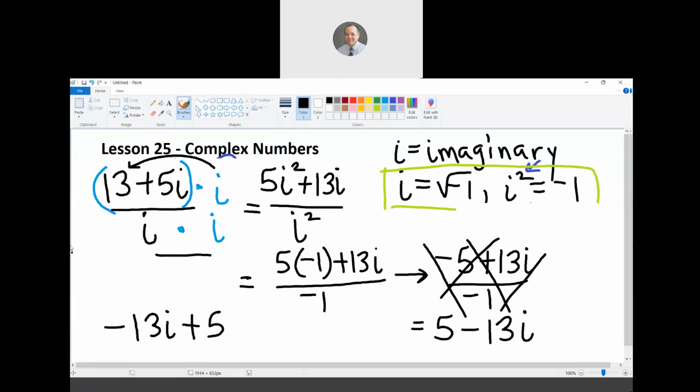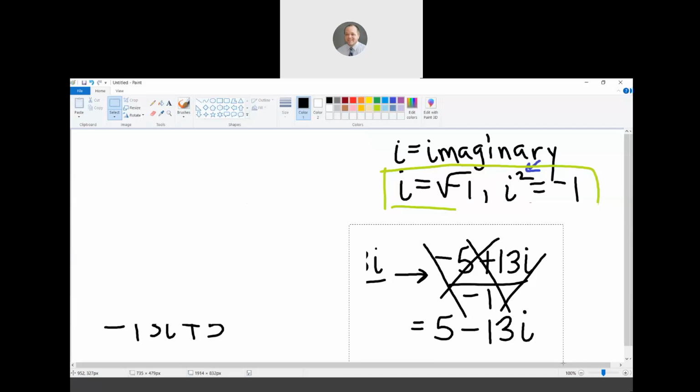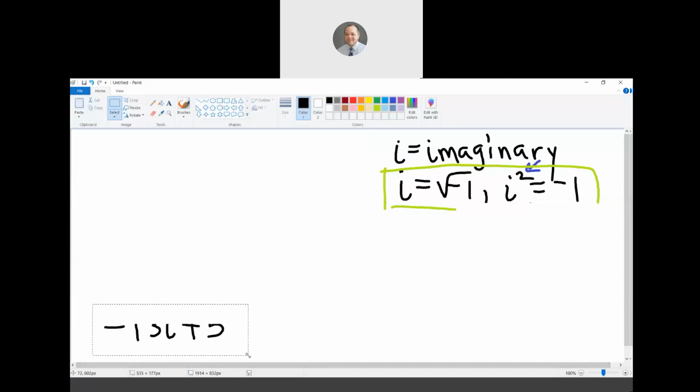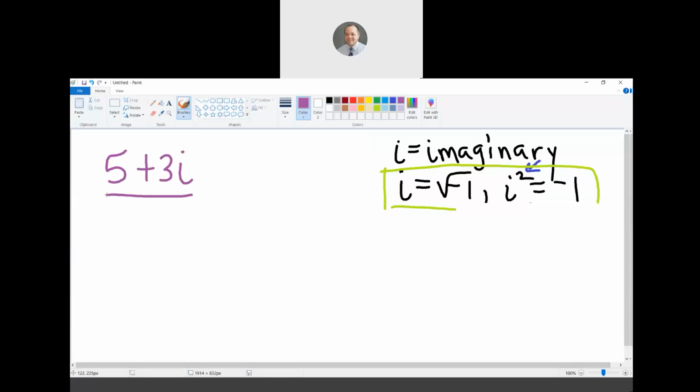Now, what if we had a binomial with an imaginary part in the denominator? Let's see how we will solve that problem. For example, let's say we have 5 plus 3i all over 7 minus i.